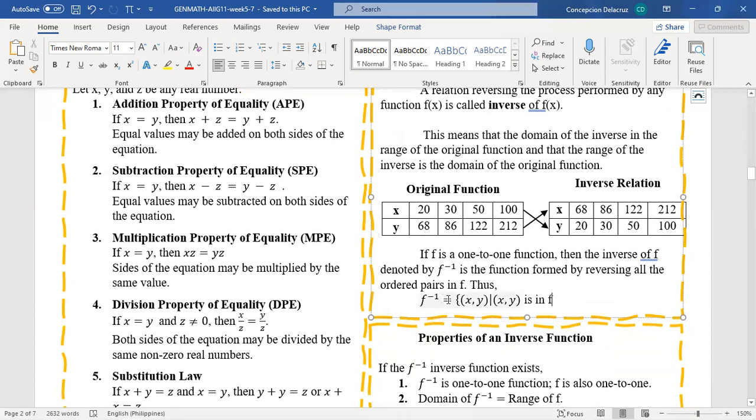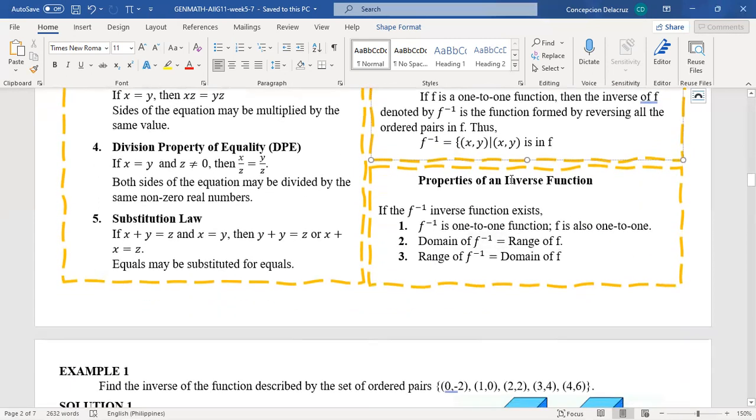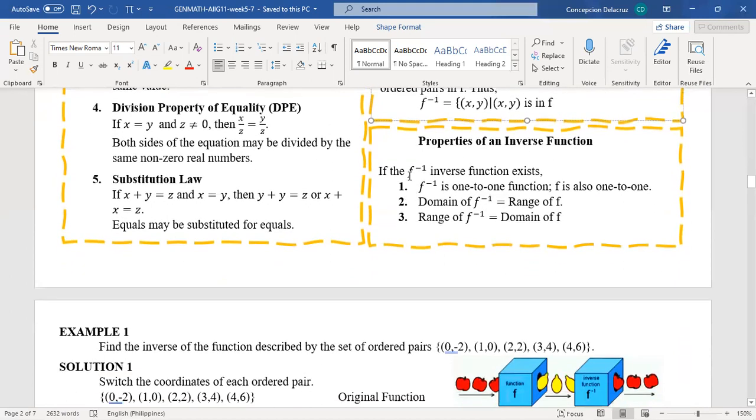Okay? That's it. So for the properties of the inverse function, if f inverse exists, first, f inverse is a one-to-one function. F is also one-to-one. The domain of f inverse is equal to the range of f, and the range of f inverse is equal to the domain of f.